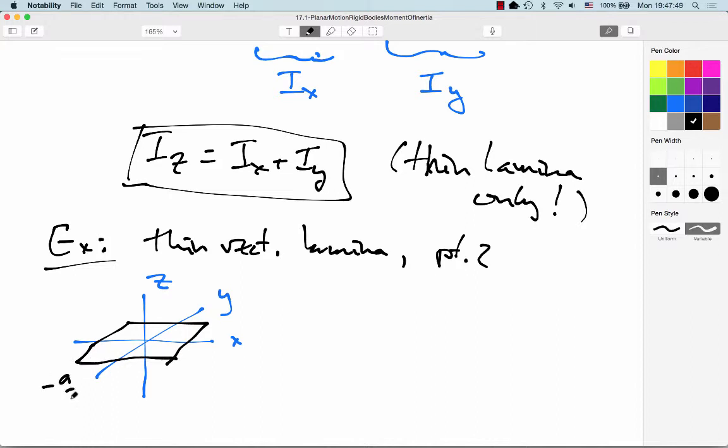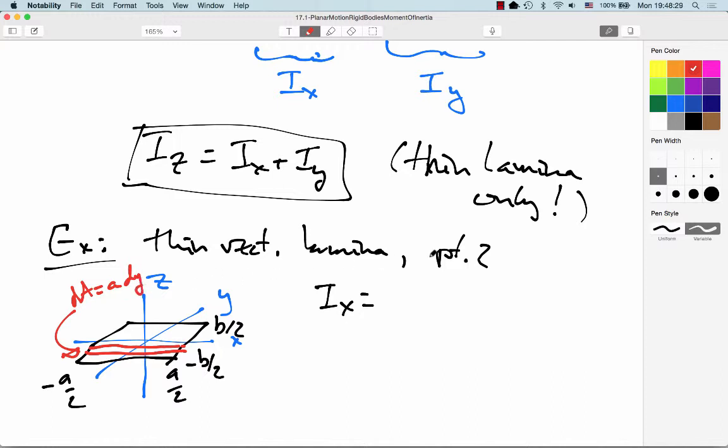And again, we'll run from minus a over 2 to a over 2, minus b over 2 to b over 2, like so. But here I'm just going to go ahead and find the moment of inertia about the x-axis. So what I can do is I can take a long, thin strip like so of width dy. So my dA here will be equal to a dy.